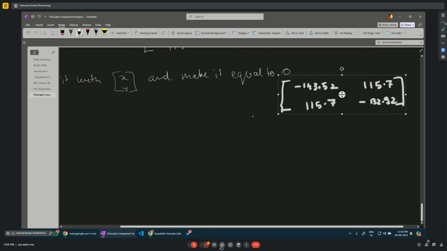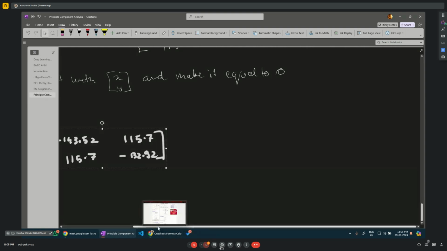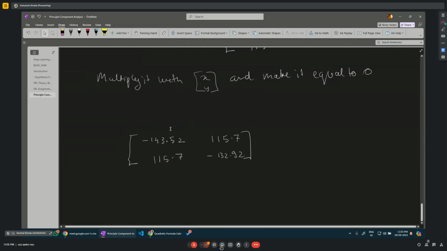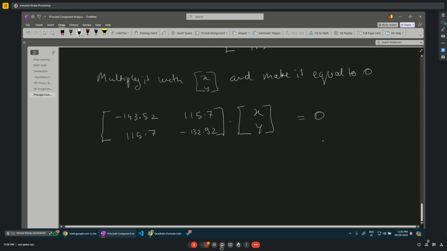So we paste it. I keep on clicking at weird places. So what we do is multiply it by x, y, and you don't really have to do this, by the way. We just make it equal to 0. Dot product. What this actually means is, we take this as x and this as y, and then we create an equation and we solve it.